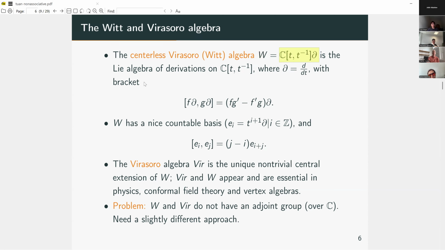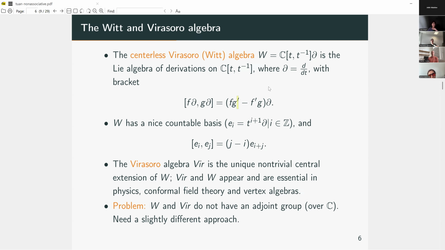Now I'm going to equip it with the Lie bracket: the bracket of f del and g del is (f g prime minus f prime g) del, where f prime and g prime also mean taking the derivative with respect to t.